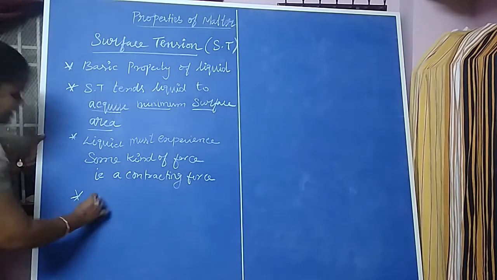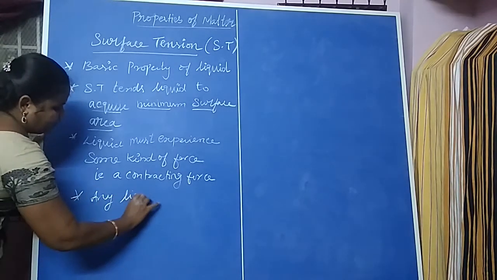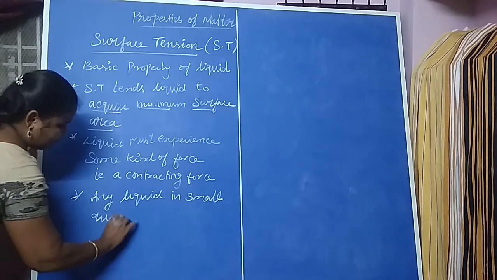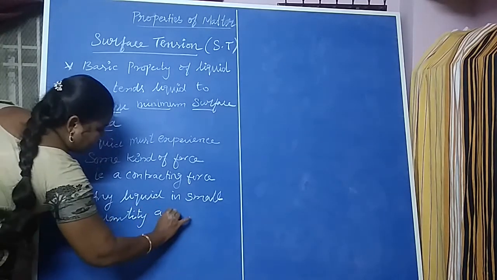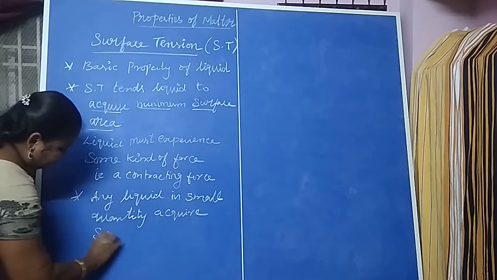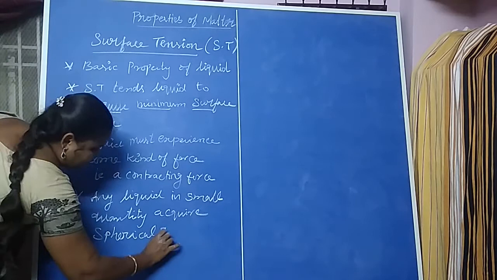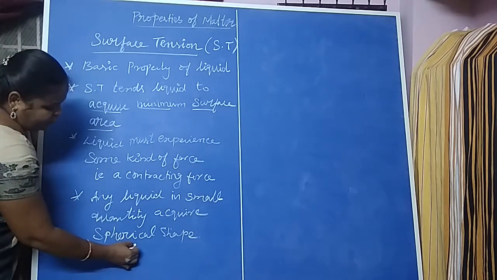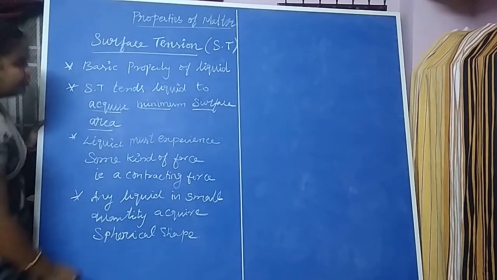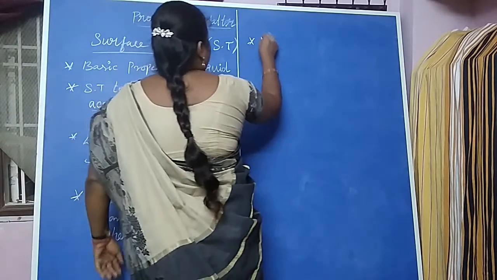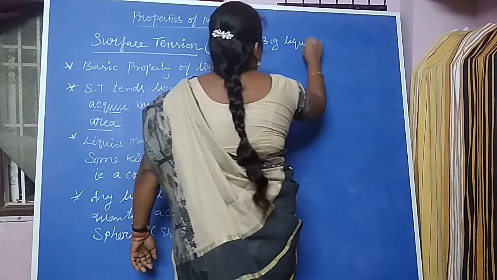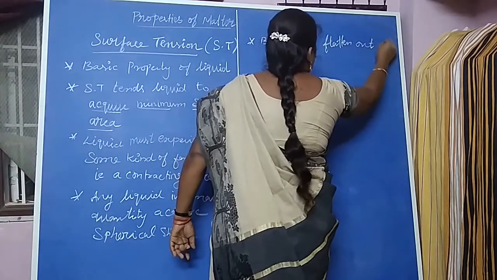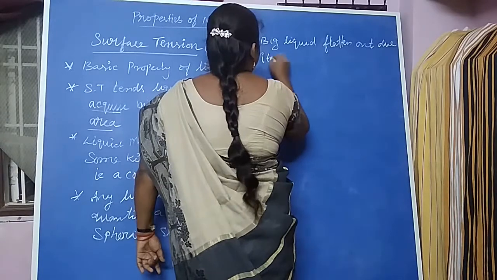Any liquid in small quantity acquires a spherical shape, because the gravity influences us here a negligibly small value, but a big liquid flattens out due to its weight.